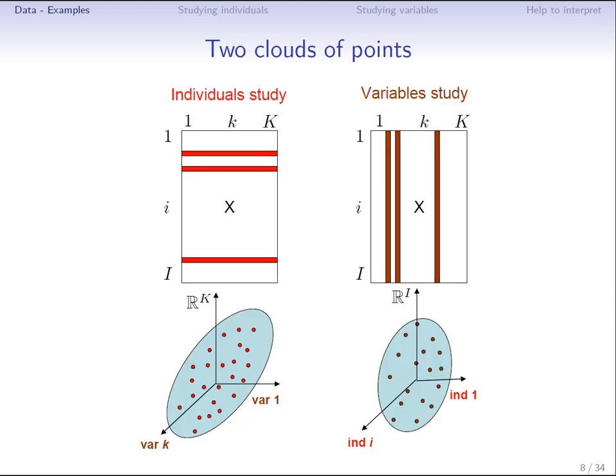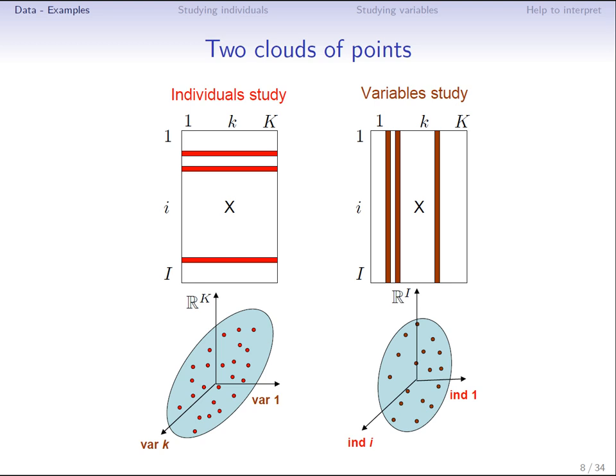Then in more detail, I said that we can see our data table as a set of rows or a set of columns. If I see it as a set of rows, I'm studying individuals. If I see it as a set of columns, I'm studying variables. Studying individuals means that I am considering a cloud of points, a point corresponding to an individual.